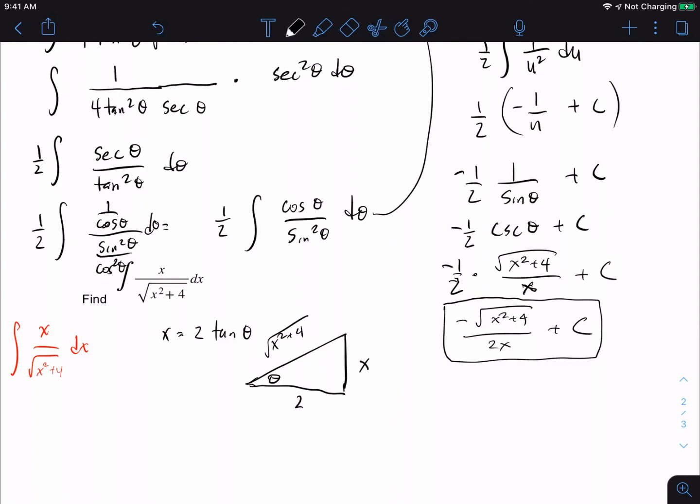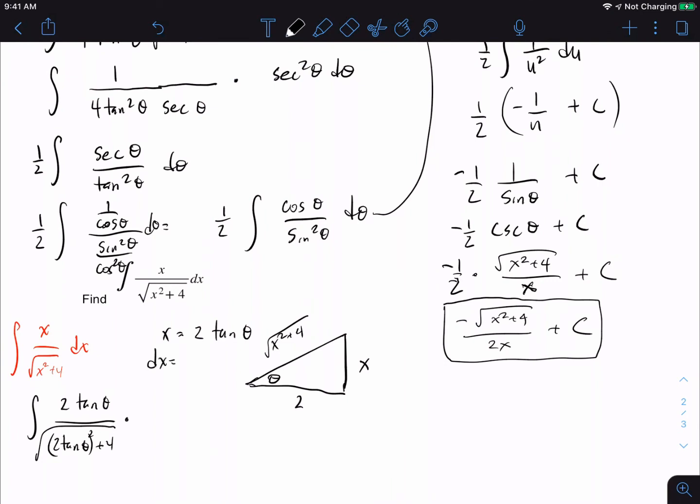So then when we do the substitution here, I should get the integral of 2 tangent theta over the square root of 2 tangent theta, this quantity squared, plus 4, times, and I need the dx, right?